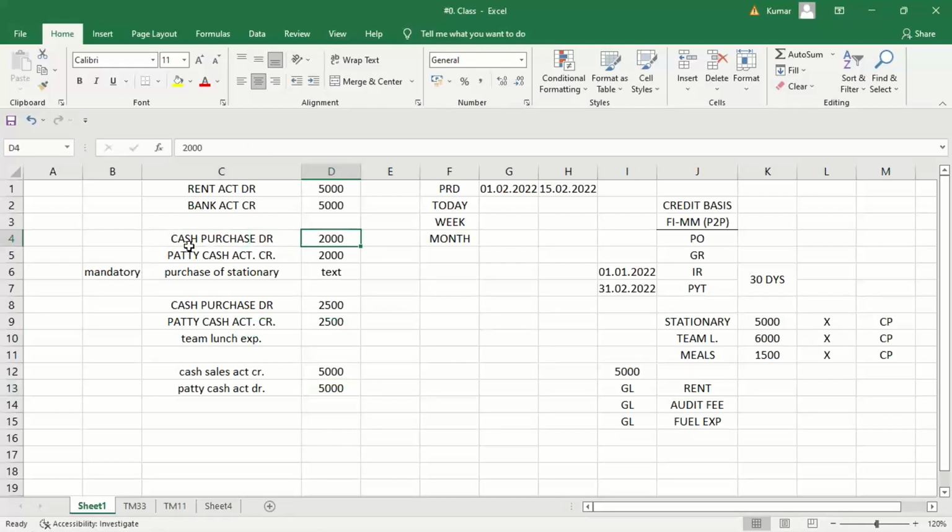This transaction can be posted simply by the way we are posting rent and bank, through FB50 or F-02, which I have already explained.